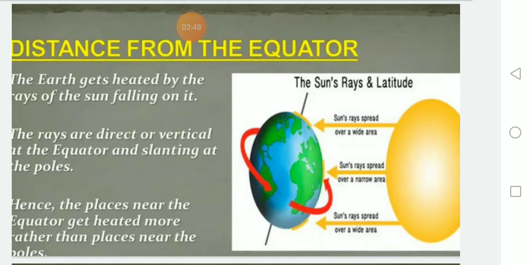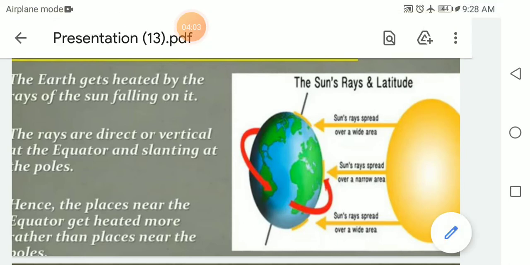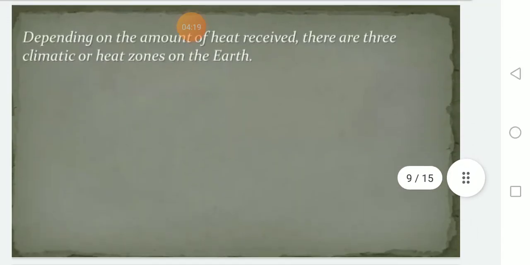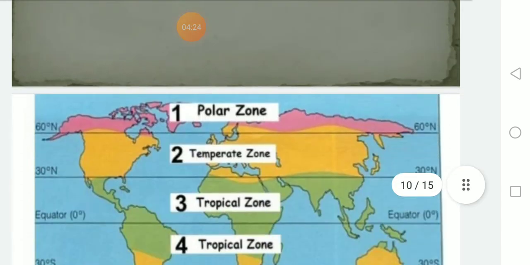Those areas which are close to the equator or on the equator are very hot because they get direct heat from the sun, and the sun's rays fall directly on these areas. That's why they get maximum heat and are much hotter than areas far from the equator. Depending on the amount of heat received, there are three climatic or heat zones on the earth.